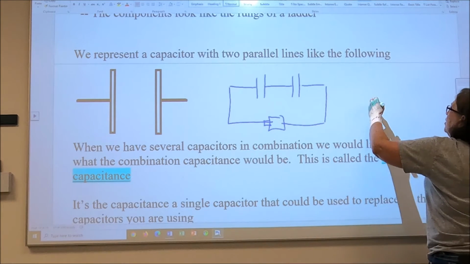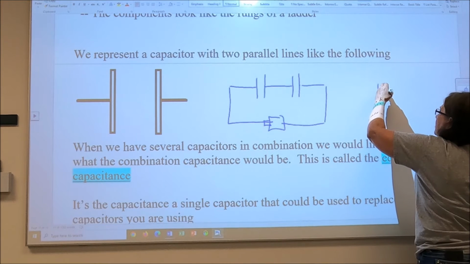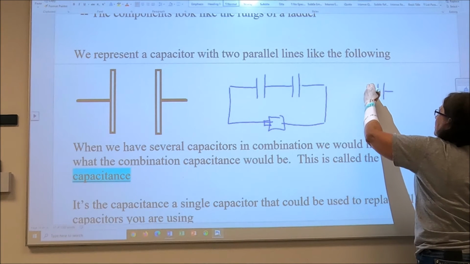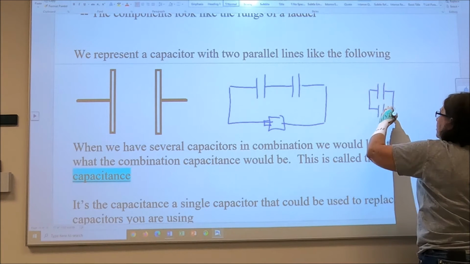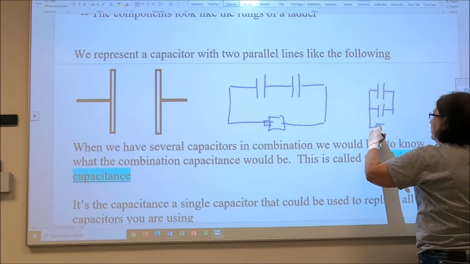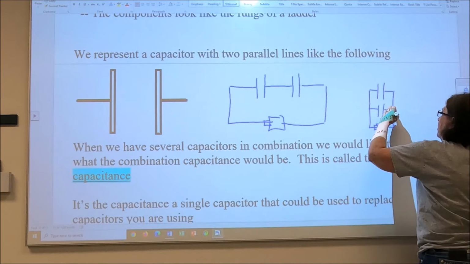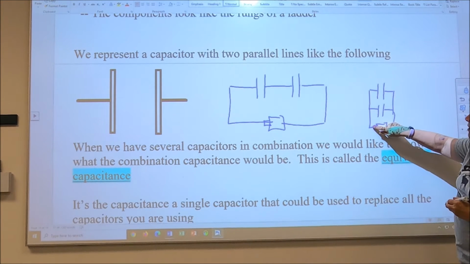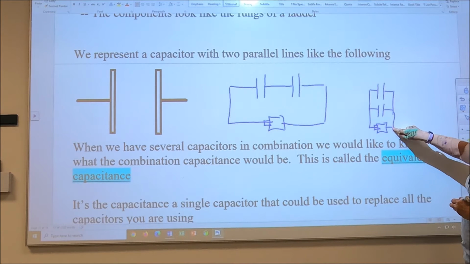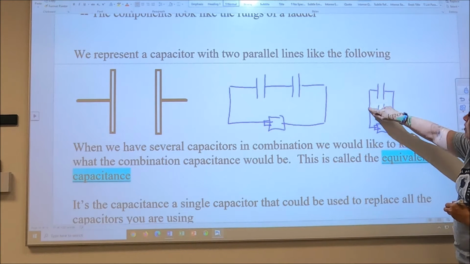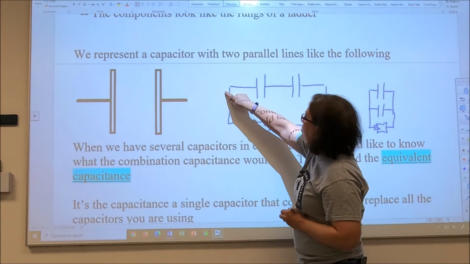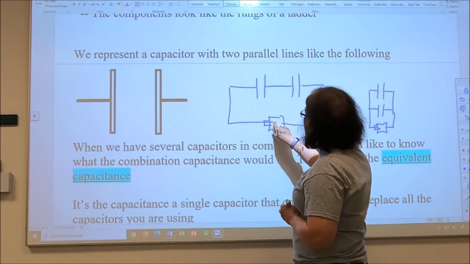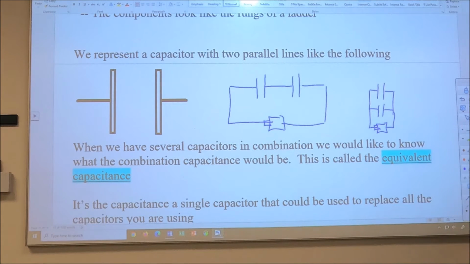If I wanted to draw them parallel, it would look like this. So I could leave this battery and come up and I could go through this way, kind of circling around, or I could go this way and circling around. Here, I have to pass through this one and this one to get back to where I began.